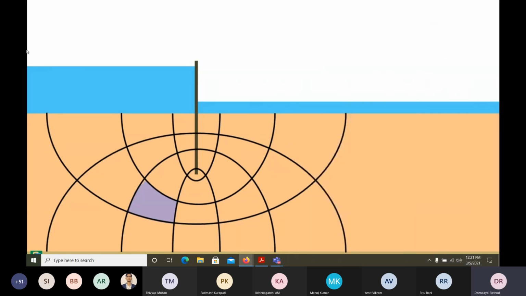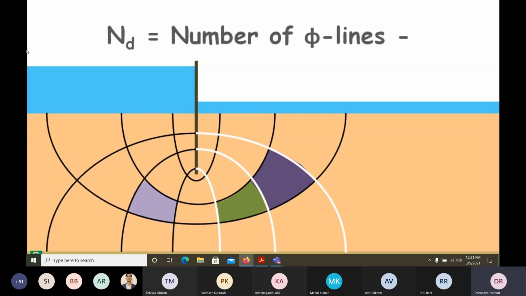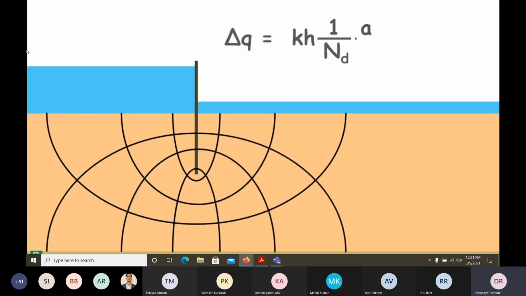Note that this is one potential drop between two equipotential lines, and these are two potential drops between three equipotential lines. So we can see number of equipotential drops ND will be the number of equipotential lines minus 1. Again, this is the discharge through one flow channel.